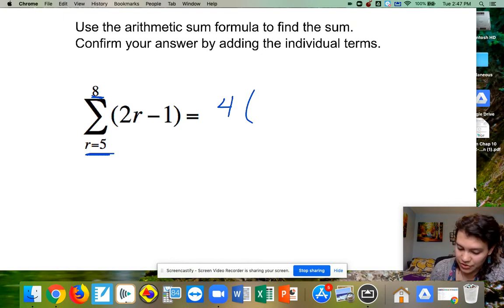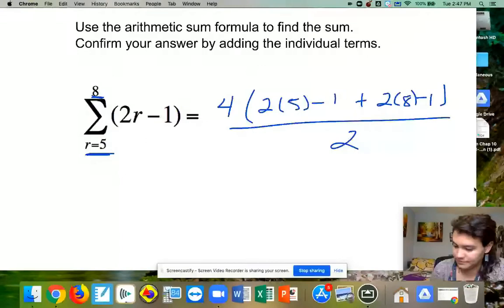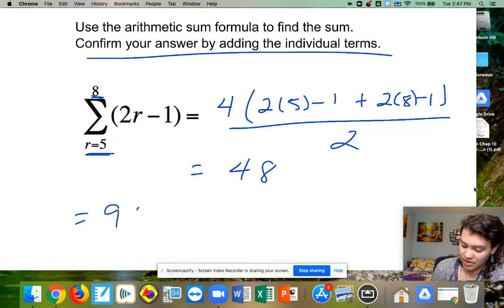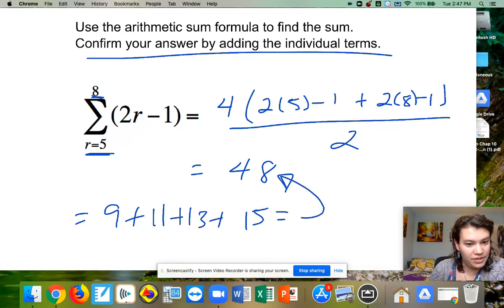And then your first term, you want 2 times 5 minus 1, and then add on 2 times 8 minus 1, and divide everything by 2. This should give you 48 when you simplify it. And then if you want to check by adding the individual terms, you do 9 plus 11 plus 13 plus 15, which will still equal 48.